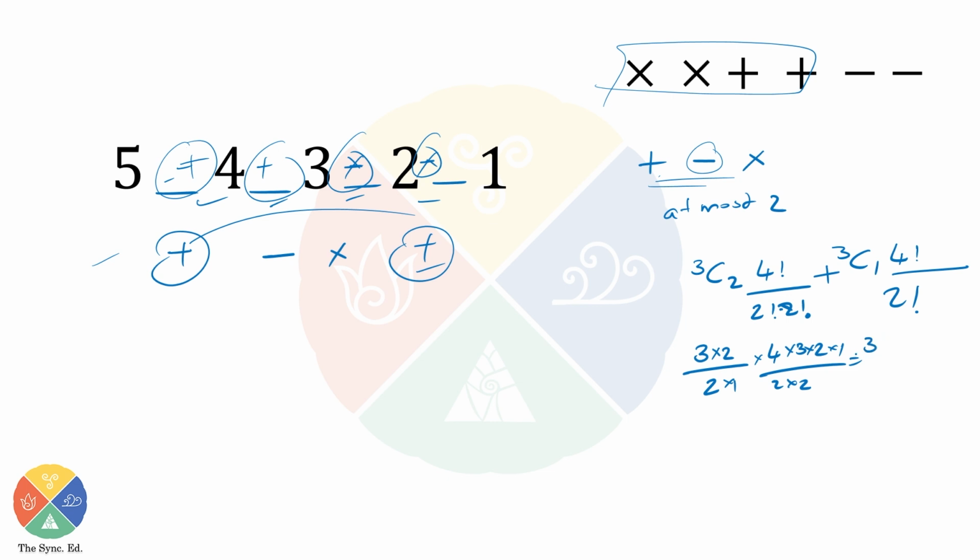Similarly, 3 plus 3 into just 3 into 1, into 4 into 3 into 2 into 1 by 2. 2 gone, 2 gone, 2 gone. So you will see 3 into, if you divide here also by 2, 3 into 2 into 3 plus 3 into 4 into 3.